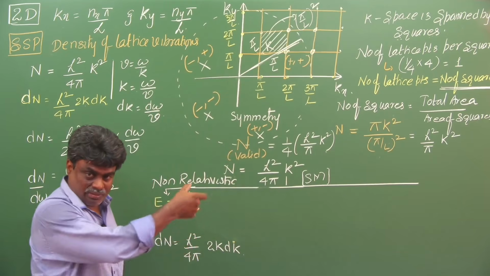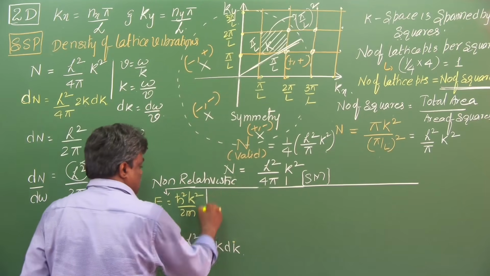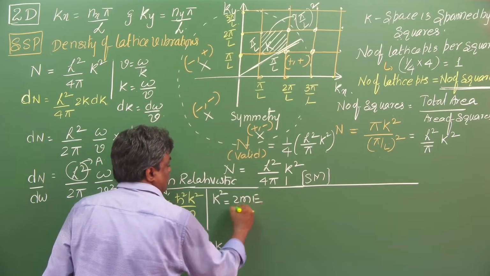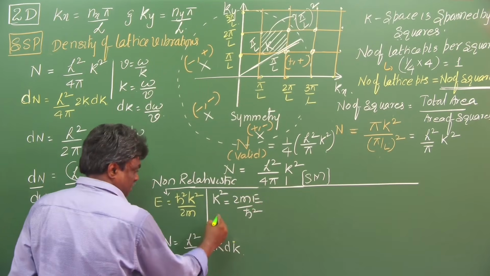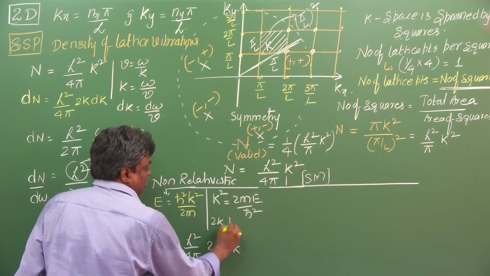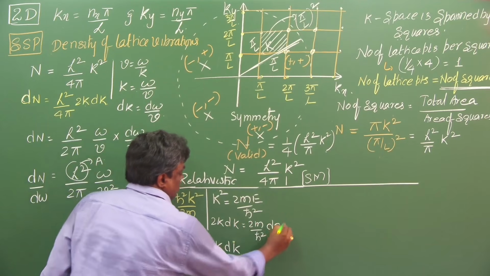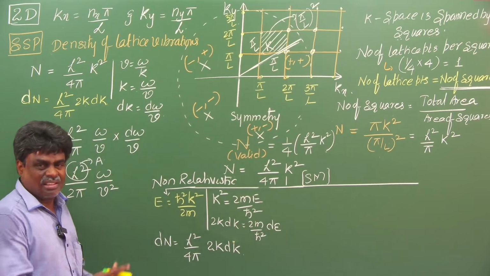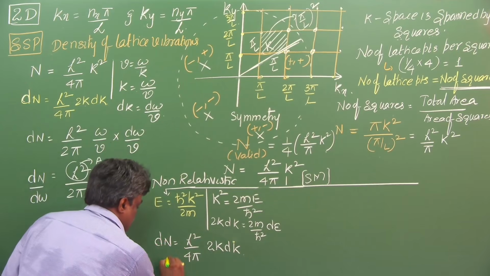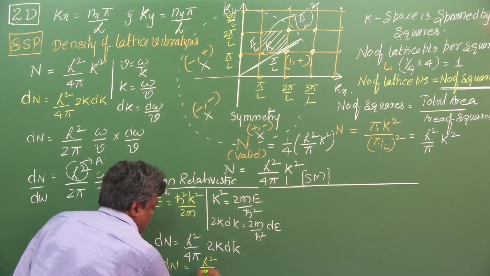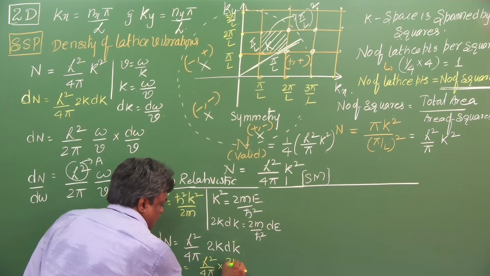Otherwise it takes so many steps. K square equal to? Differentiate. Otherwise you have to write many steps. So dn equal to L square by 4 pi 2k dk.